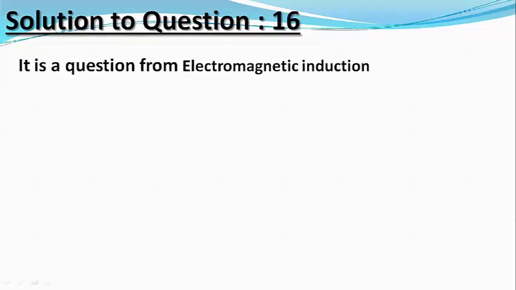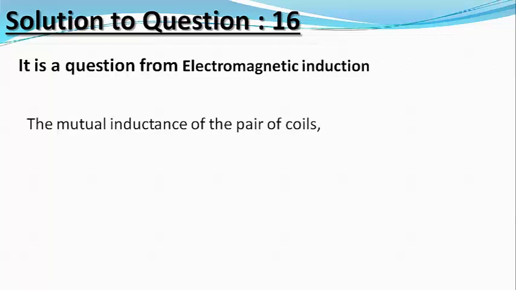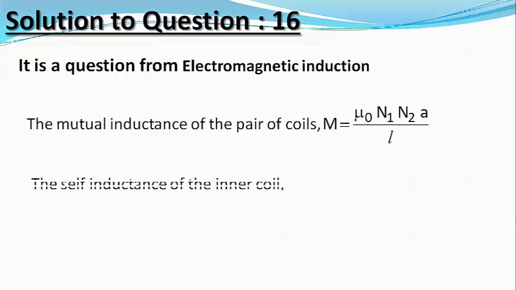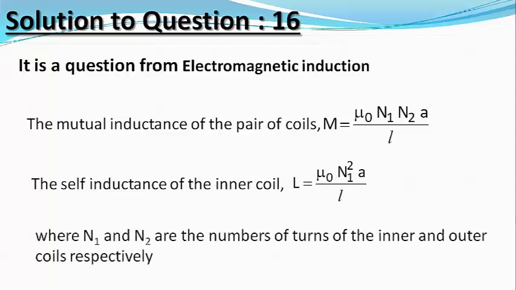We know that the mutual inductance of this pair of coils is given by capital M equals mu naught into capital N1 into capital N2 into A divided by L, and the self-inductance of the inner coil is given by capital L equals mu naught into capital N1 square into A divided by L, where N1 is the total number of turns of the inner coil and N2 is the total number of turns in the outer coil.